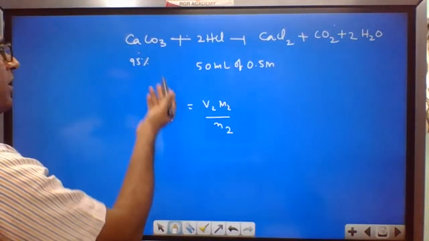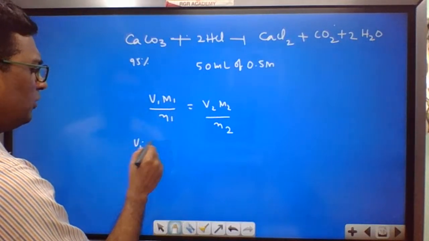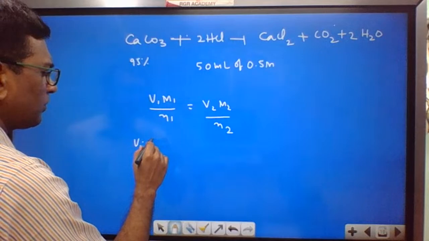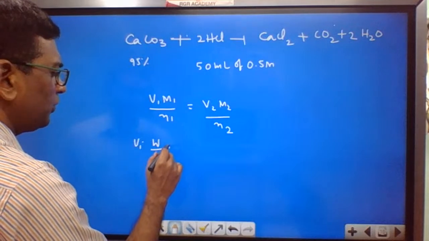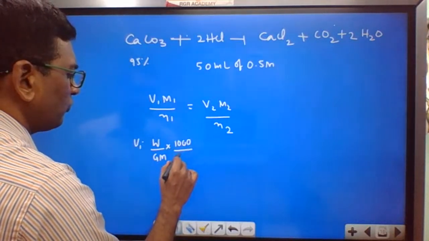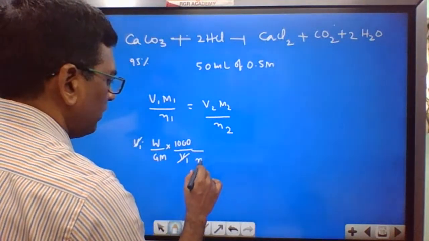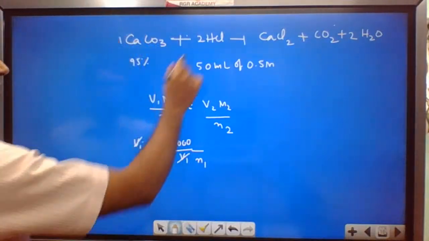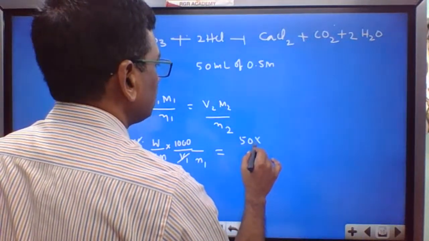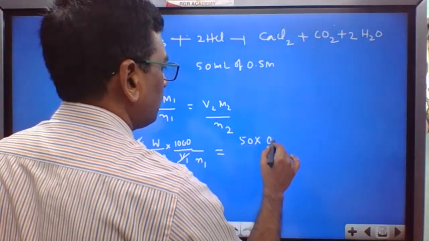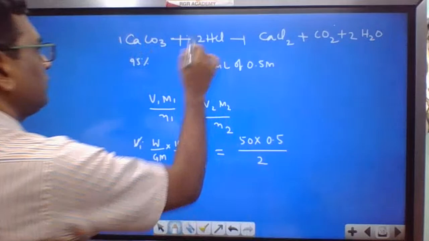Sir, volume is not given. We have to find out mass, very simple. Molarity we are writing as weight by molar mass into 1000 by V, that is V1. This V1 cancels. Then n1 is only 1 mole, n2 is 2 moles. That is equal to 50 into molarity 0.5, which gives millimoles, divided by the number of moles, 2.